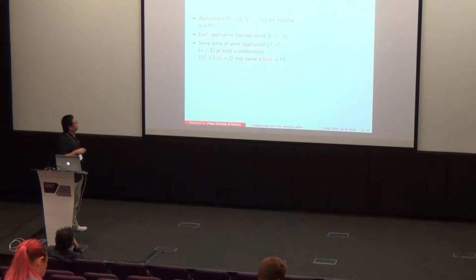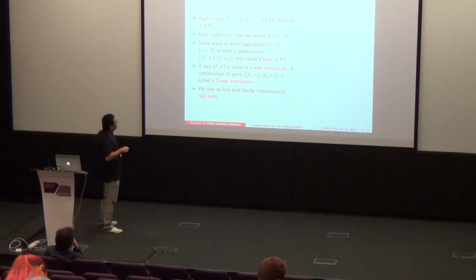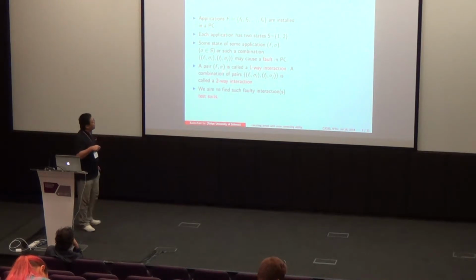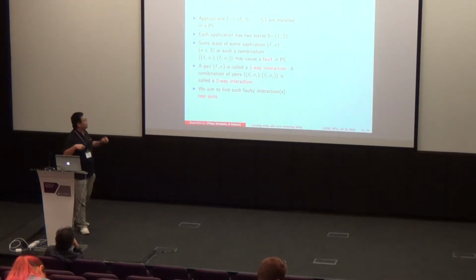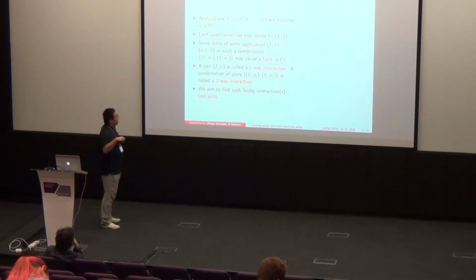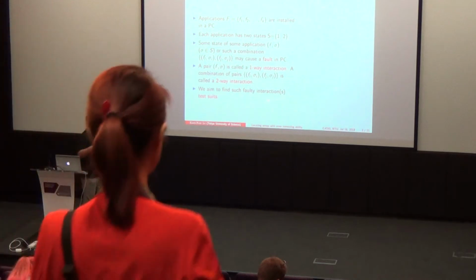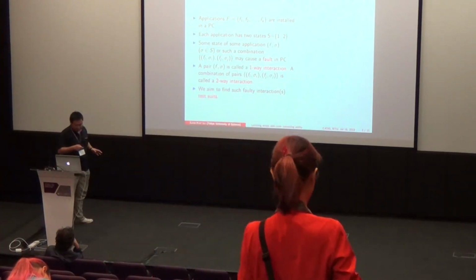In this case, we consider a pair of such things. If we only consider one, then we call it a one-way interaction. If we consider a combination of a pair, we call it a two-way interaction, and so on. So the purpose of this research is: how can we find such faulty interactions?